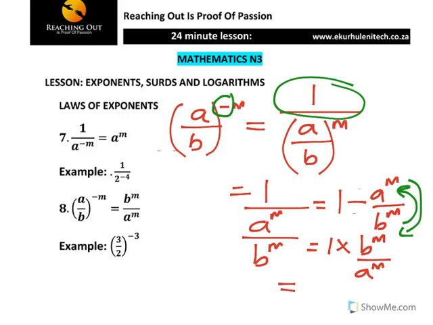So the answer becomes b to the power m over a to the power m.